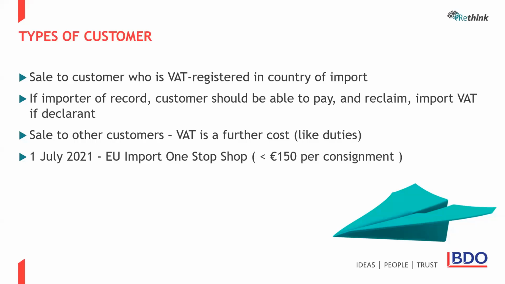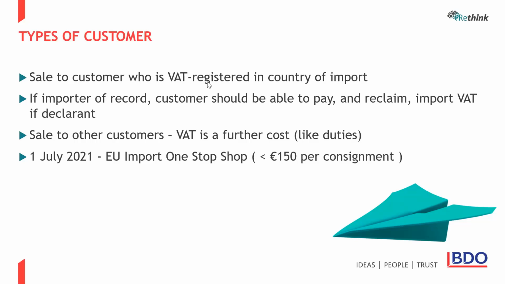The last point here is, it would have been really nice if this had gone on schedule of 1 January. It would have been fortuitous. But unfortunately, it's been delayed to 1 July 2021. There'll be an option, subject to any further delays on this implementation, where e-tailers, sending effectively goods into the EU, so we can see the value there, it's less than £150 per consignment.